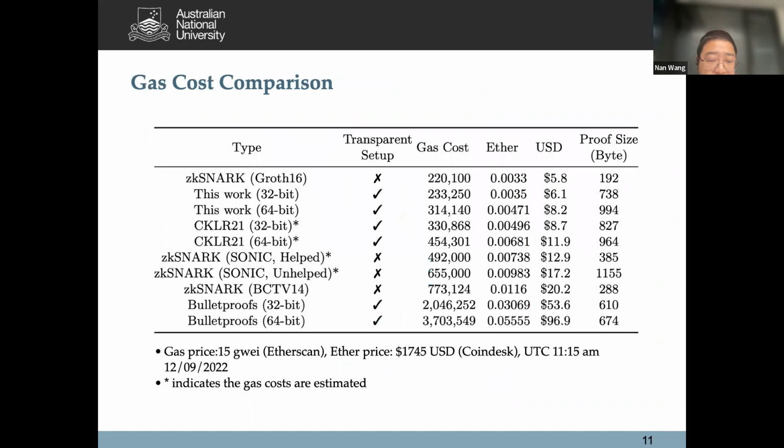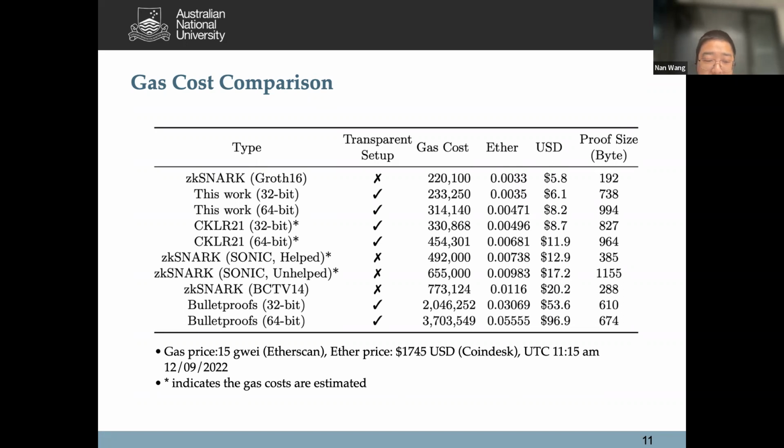The table shows the verification gas cost comparison of the state-of-the-art zero-knowledge range proofs on Ethereum at the same level of soundness error. The gas costs reflect the number of computational operations required to verify zero-knowledge proofs. Our 32-bit range argument achieves a comparable amount of gas to the most efficient SNARK, Groth16.